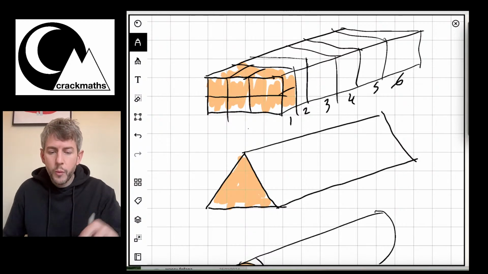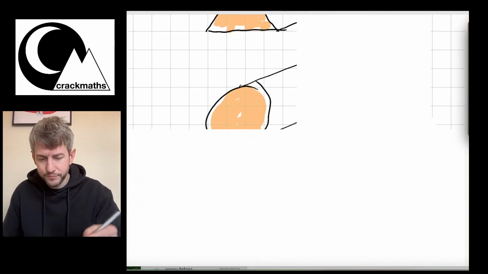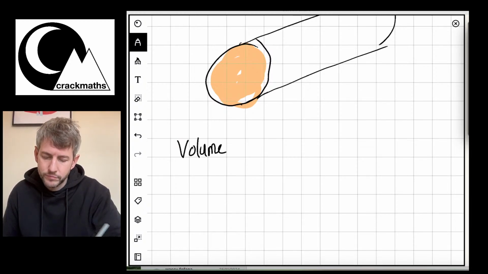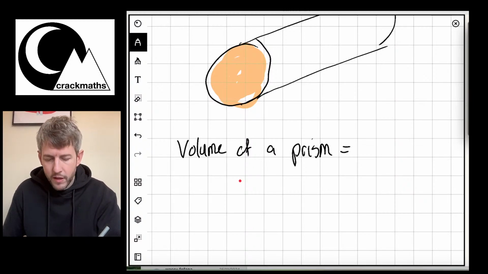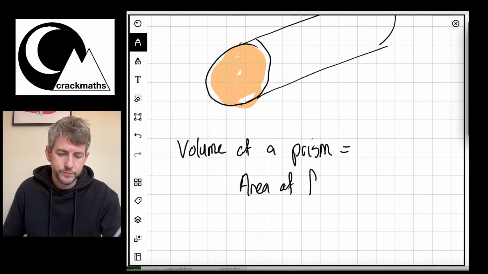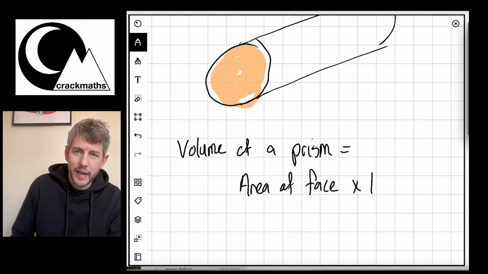Okay, so the formula that we have for volume of a prism is this. Volume of a prism equals the area of the face multiplied by the length.